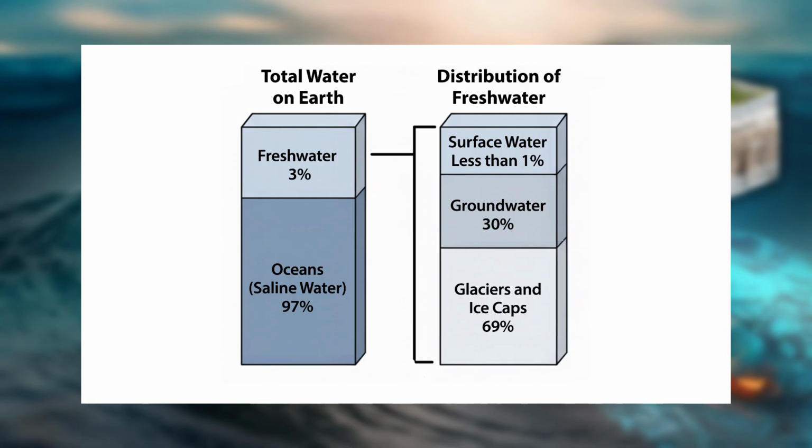About 30% exists as groundwater. Less than 1% is available as surface water in rivers, lakes and wetlands. This unequal distribution demonstrates why the hydrological cycle is essential for redistributing fresh water for easy accessibility for human usage.